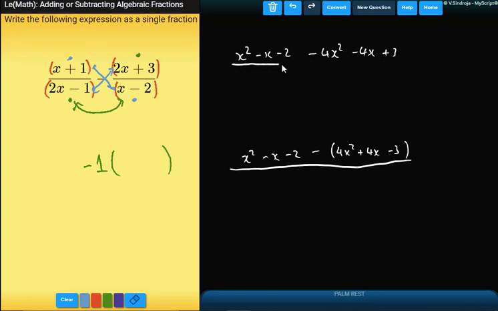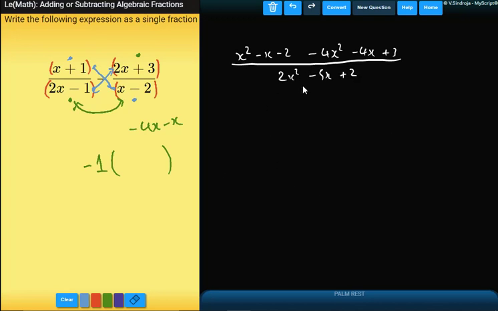And now on the bottom, the two double brackets were these two, weren't they? So we'll get a 2x squared, and we'll have a minus 4x, and then a minus x is minus 5x, and then at the end it's minus 1 times minus 2, which is positive 2. So that's the bottom. Okay, let's get rid of all that.